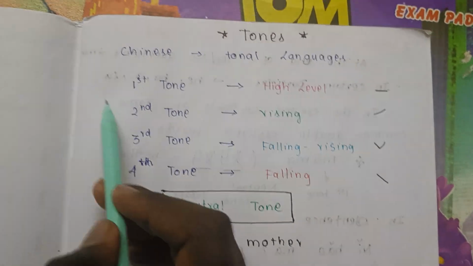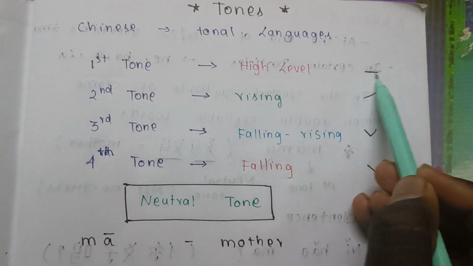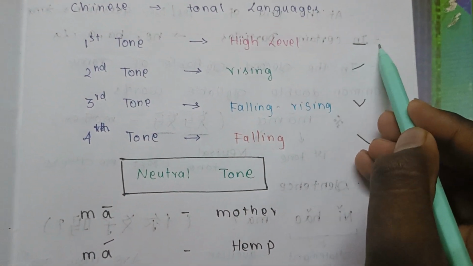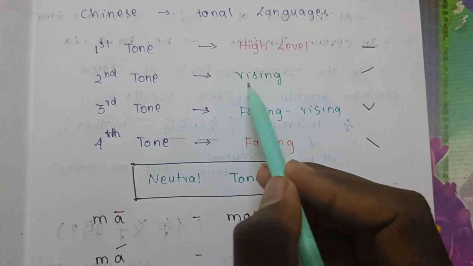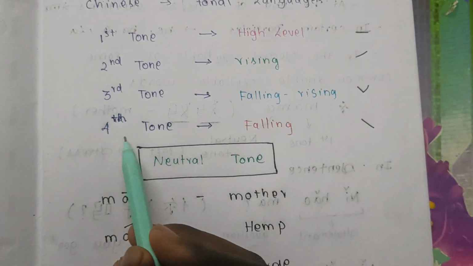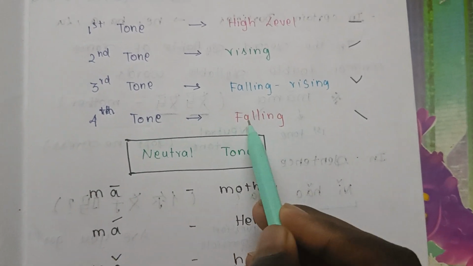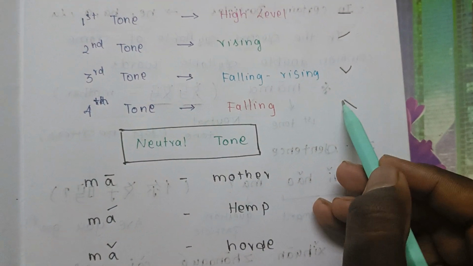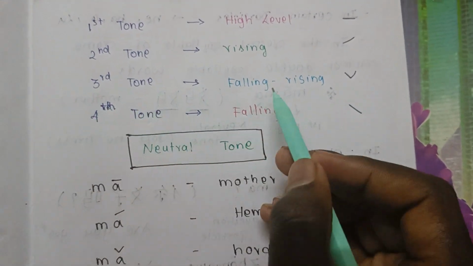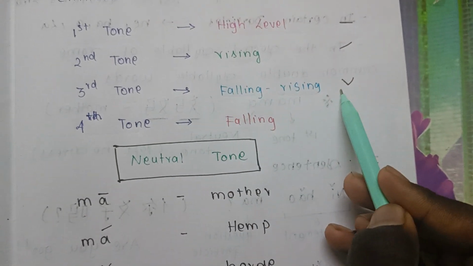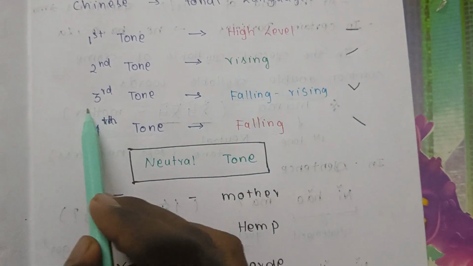The first tone is high level; your pitch has to be maintained at a high level. The second tone is rising, the pitch has to be raised. The fourth tone is falling, the pitch should be reduced. And our third tone is falling and rising, both falling and rising.